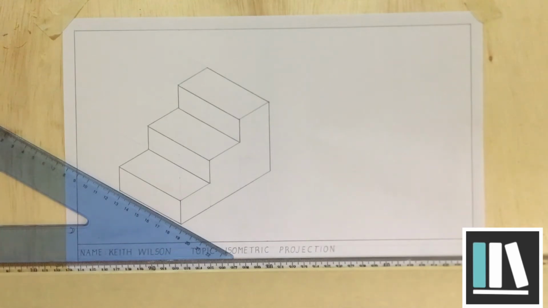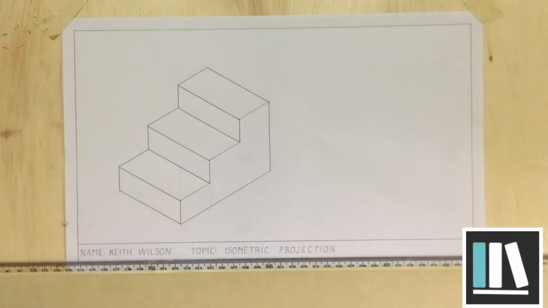For example, if I'm drawing a square, and in real life, let's not use a square, let's use a cube. If I'm drawing a cube, if in reality one side of the cube is 60 millimeters, when drawing isometric projection, all the measurements used would be the same measurements as the real object.